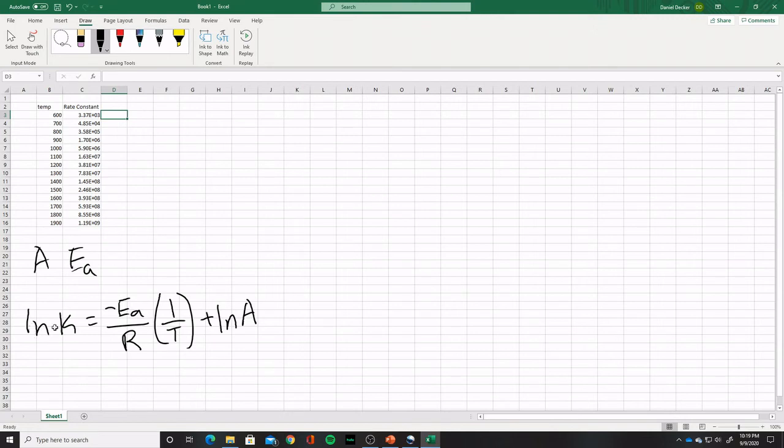So we need to figure out the natural log of the rate constant and 1 over the temperature. Now, the 1 over the temperature is going to be our x. Natural log of k is going to be our y. And so we want the 1 over the temperature to be the first column here.